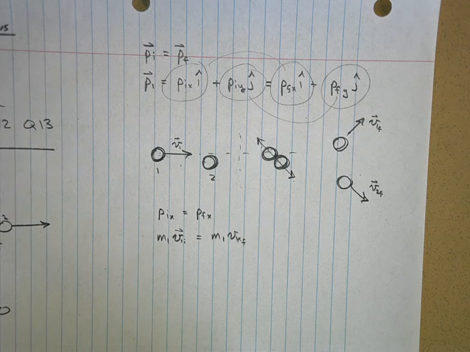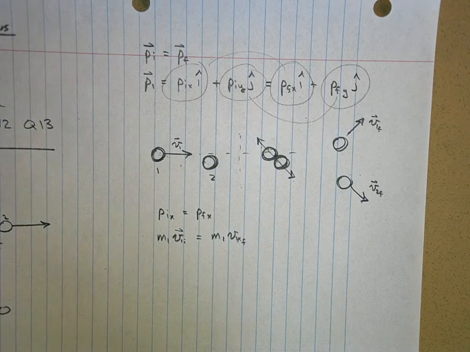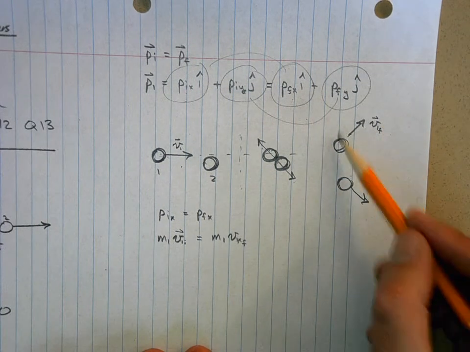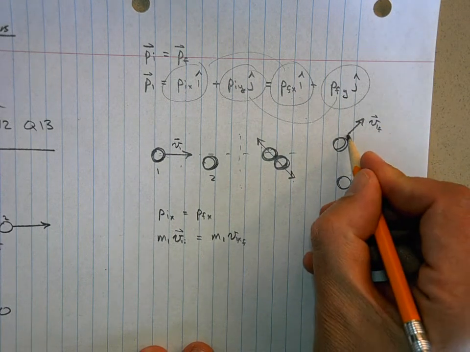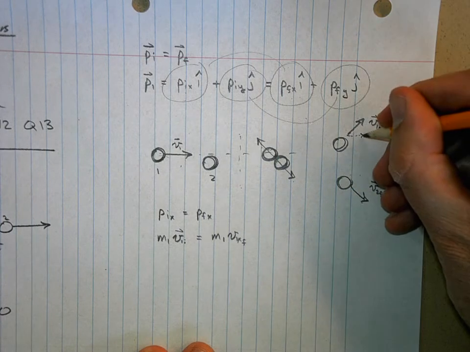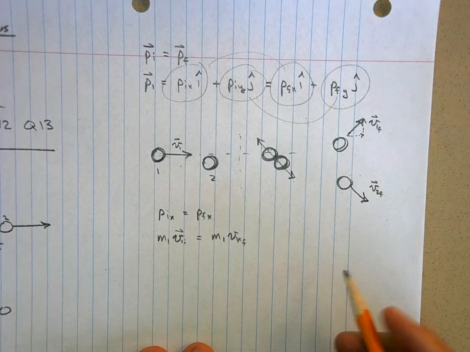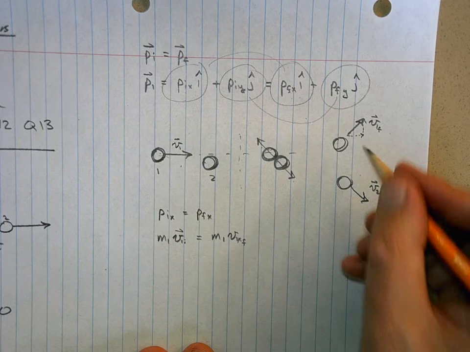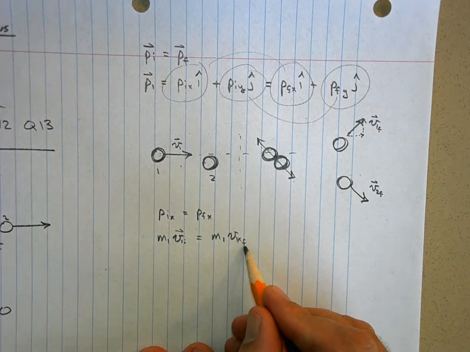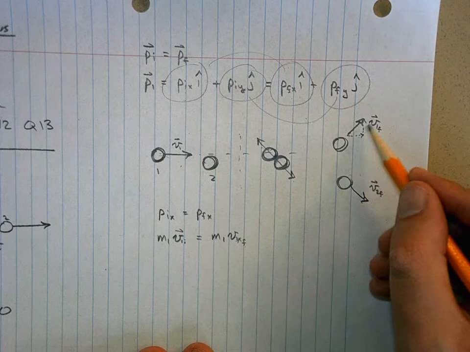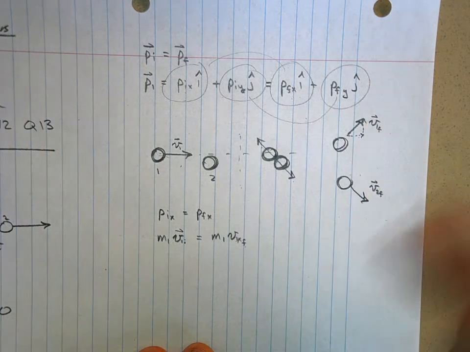Now, here we get really into a lot of subscripts. Now, what do subscripts do? Remember, they just describe what it is we're looking at. And here's my vector V1, but remember, it has an x component and a y component. So it all depends on what angle this is. So V1x final, you have to use is V1 final times the cosine of the angle that it comes off.